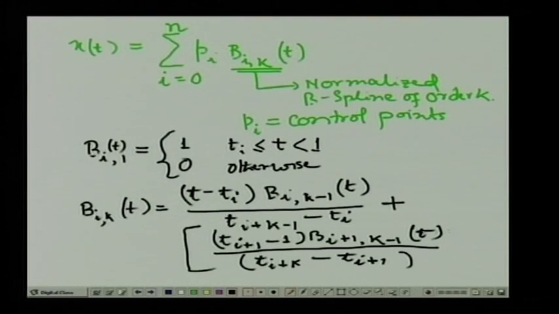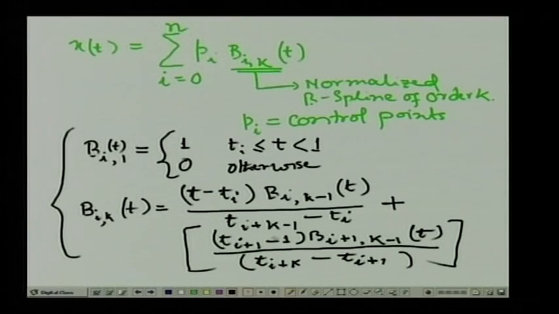So, once we have b_i,1 for different values of t, then from this b_i,1 we can recursively compute the values of b_i,k using this relation.